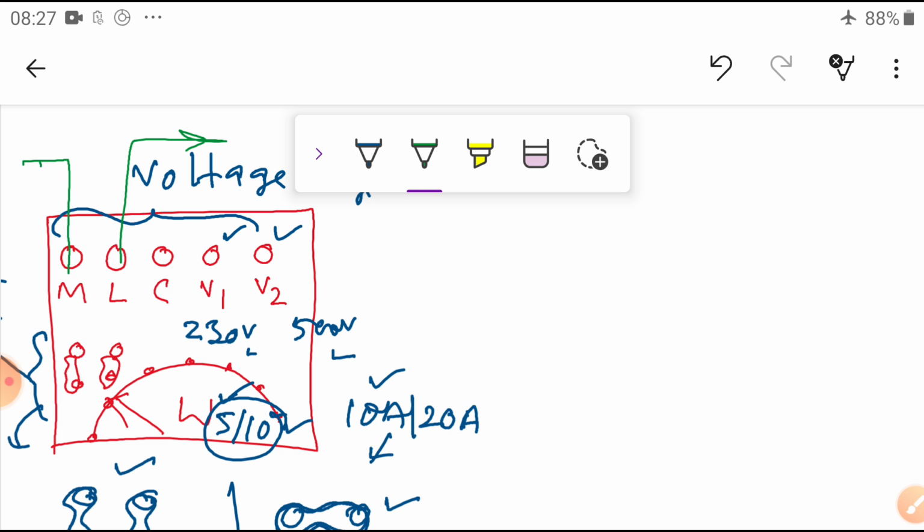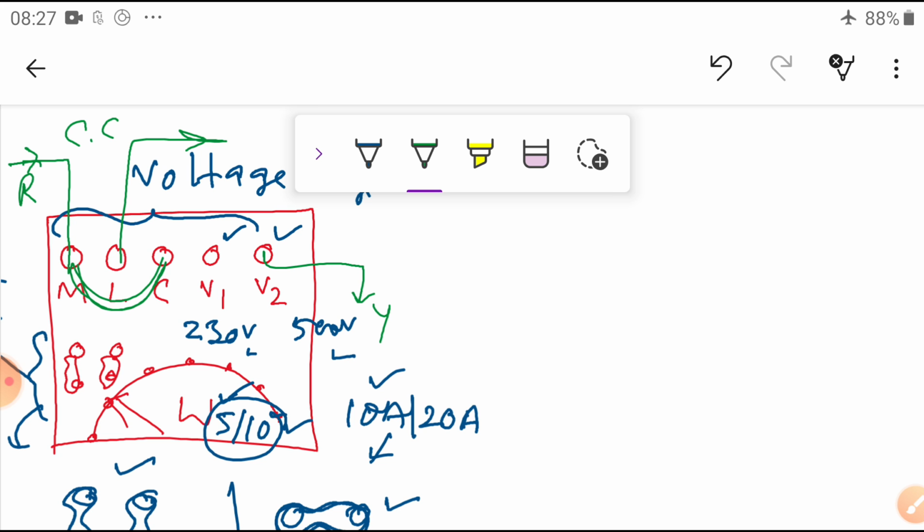The supply is connected as input, and here M and C are shorted. This is the CC coil connected to the meter, and M and C are connected. I connected a three-phase induction motor. I can take V2 as the other phase. Here the R phase is connected, and you connect the Y phase, for example.